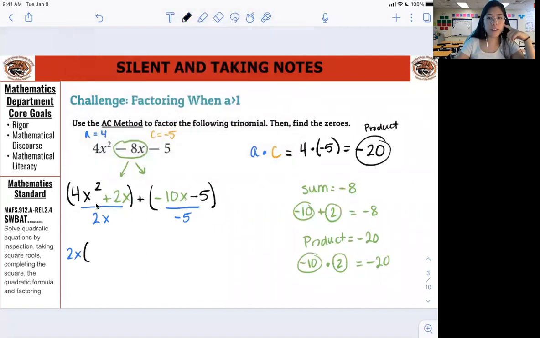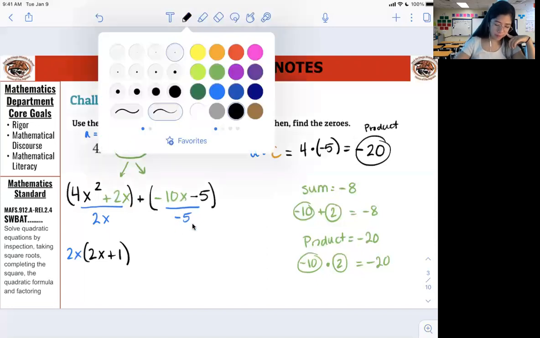Again, 4x squared divided by 2x: 4 divided by 2, I get 2. x squared divided by x, I'm left with x. And then what's 2x divided by 2x? 1. Then over here, I bring out my -5.